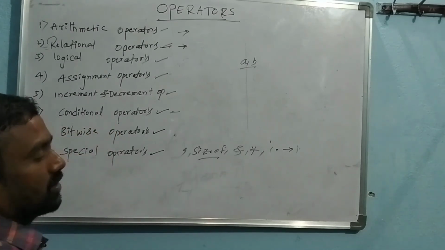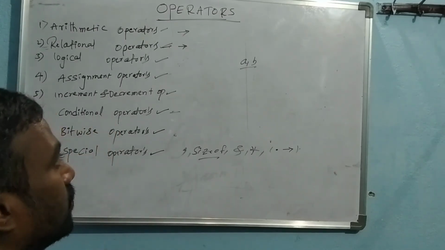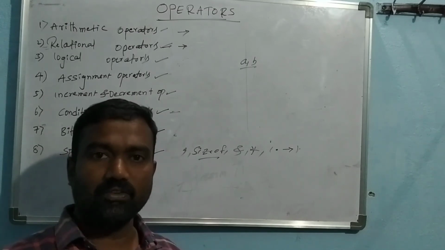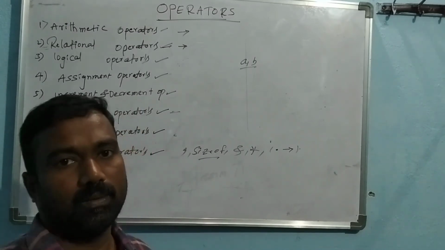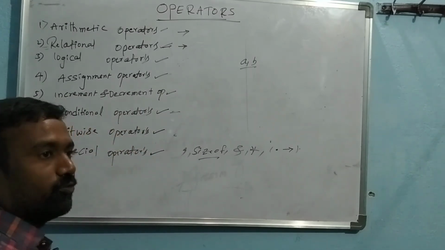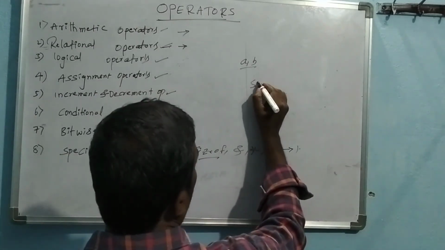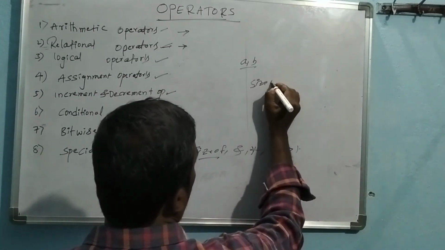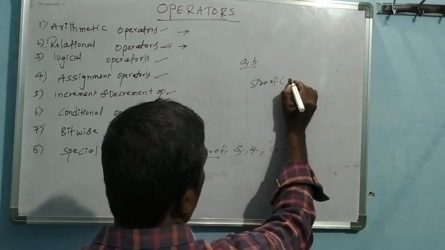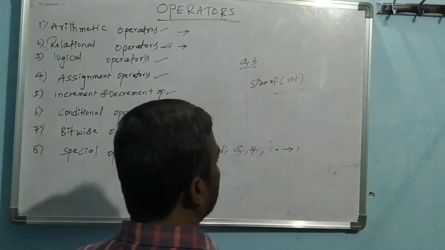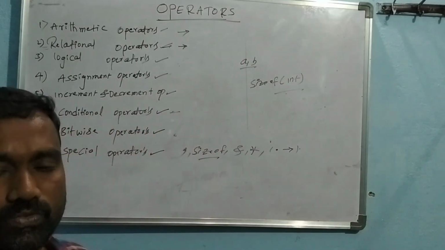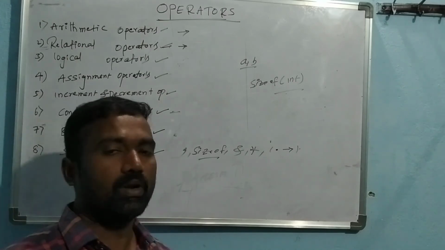the sizeof operator. The sizeof operator is mainly used to identify the size of any data type or data type variables. For example, I am using sizeof int. What is the int size? It is 4 bytes or 8 bytes depending on our compiler.